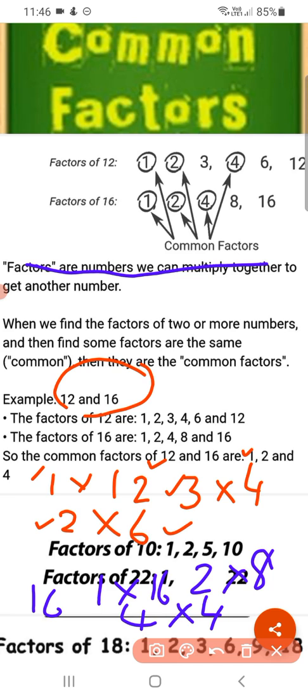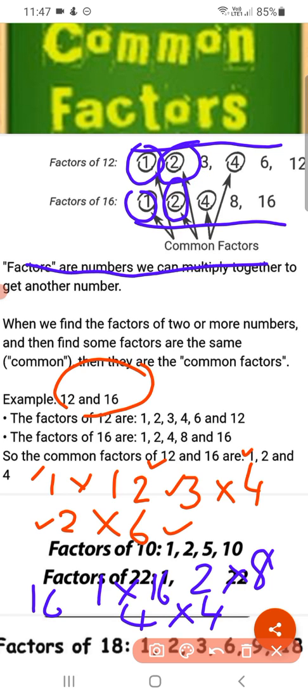These are the factors of 12 and these are the factors of 16. Here some factors are common in both. First we have 1, 1. Circle the common factors. 2, 2 and 4, 4.